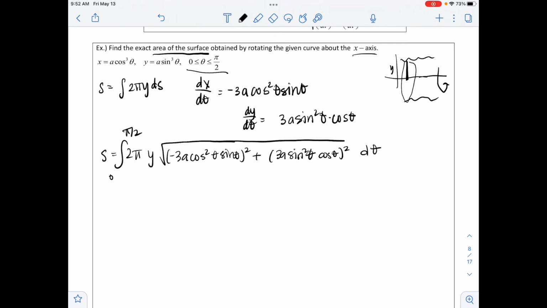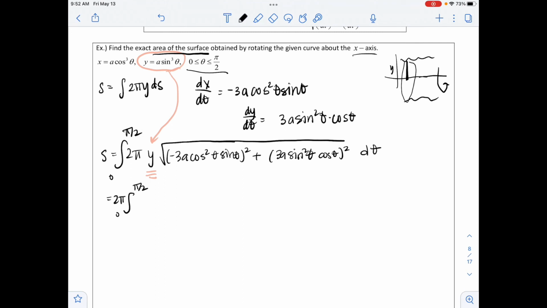And so if you notice, everything's in terms of θ except for this y that we have here. And so I'm going to substitute in that y is equal to a sine cubed θ. And then I'm also going to multiply out what I have inside that radical. So this is going to be the integral from 0 to π/2.